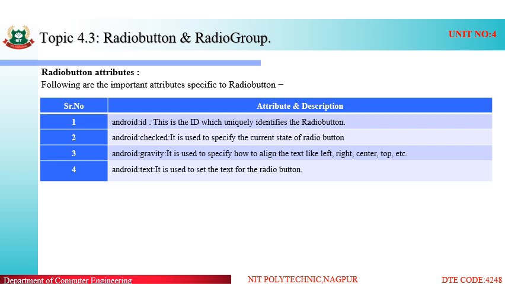Android gravity, this property, as we have seen in many controls up till now, is used to align the particular control: top, left, right, bottom, etc. Text property gives the text label to the radio button control.